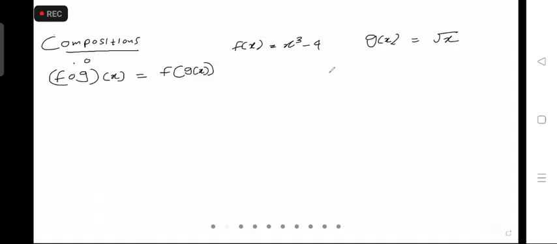Gx means again you are putting the x value into the function of g.